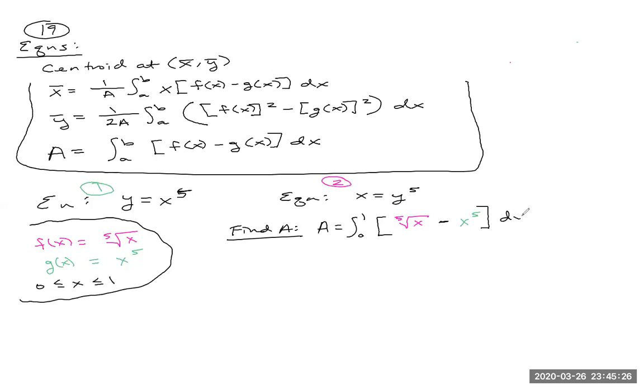Don't forget your dx. So our area is equal to the integral from 0 to 1. Remember, for this first part, your function f of x, you're going to have x to the 1/5. Subtract, you have x to the 5th.